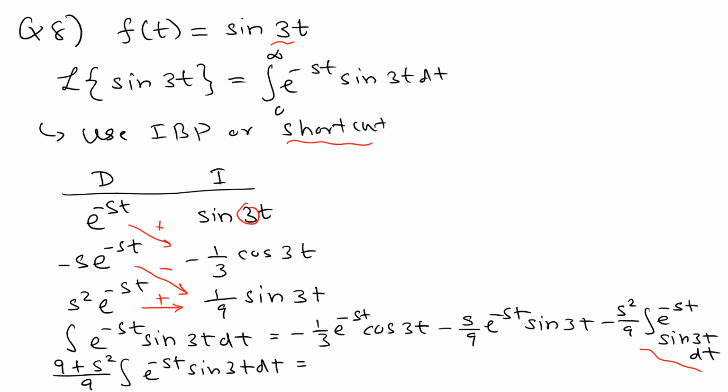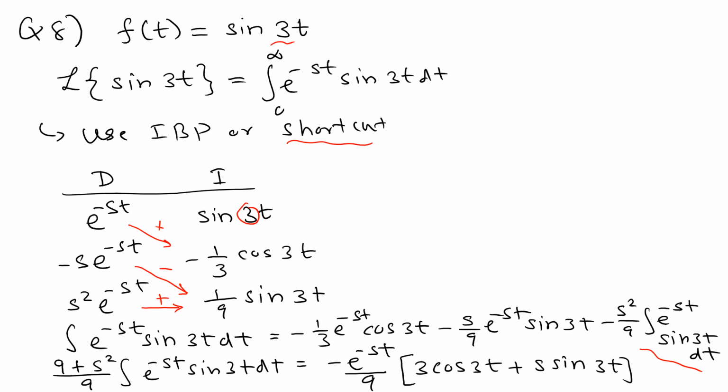On the other side, you can pull the negative sign out, and you can also pull e^(-st) out. The common denominator is 9, so if you combine them, you can write this one as 3 cosine 3t plus s sine 3t. So you can write it like that. We are not going to add the plus C here because these are definite integrals. Okay, so that's what you get.